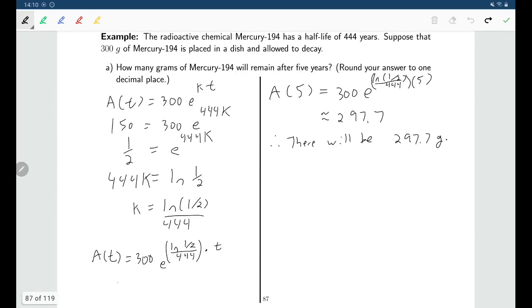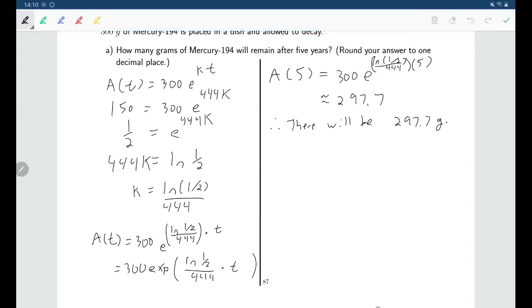You may see some books writing it, rather than e to the power of, as exp, and then in brackets what the power would be. Sometimes books will do this simply because if you have a power that's got lots of complicated things inside of it, it becomes difficult to read. So just be aware that that is one way that you could write an exponential function, and it is something that you will see.